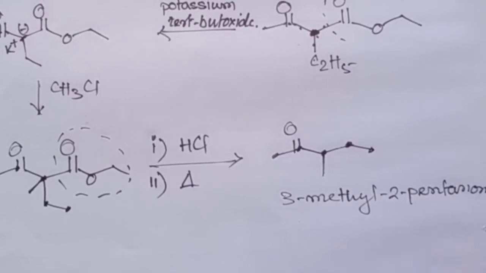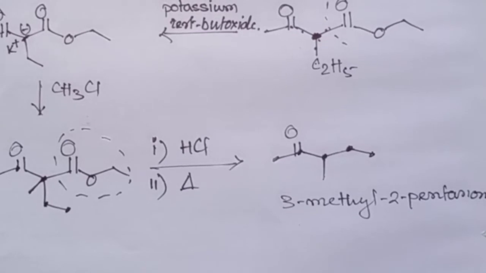Hope you understand the technique to convert ethyl acetate to any acetone-containing part or any ketonic part. So first, always try to find out the respective alkyl halide which is needed to prepare it. So this is the way. Similarly, let's discuss another example.